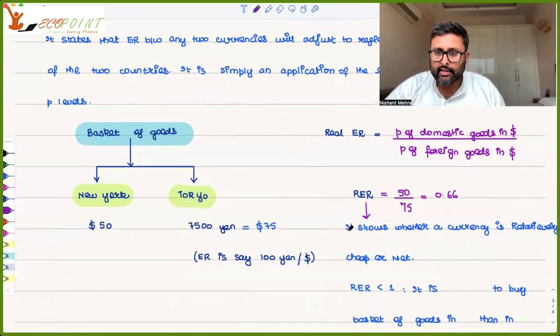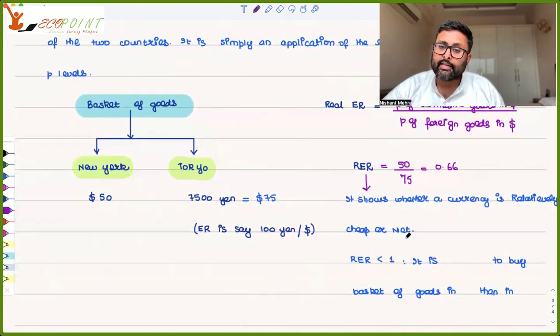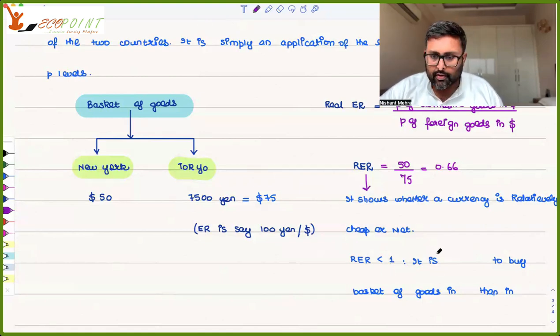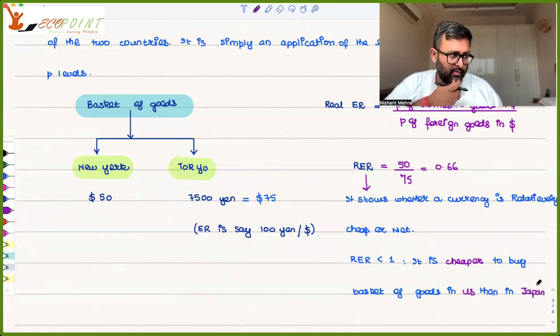You can see in this particular case that the real exchange rate is less than 1. So what do you think will happen? It is cheaper to buy a basket of goods in US than in Japan.